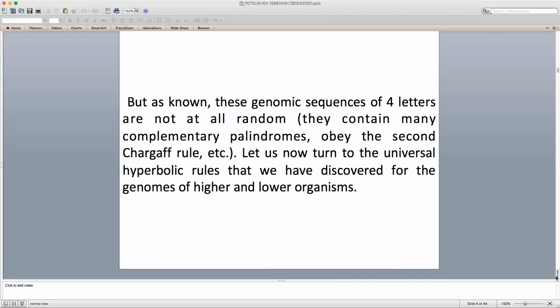But as known, the genomic sequences of 4 letters are not at all random.